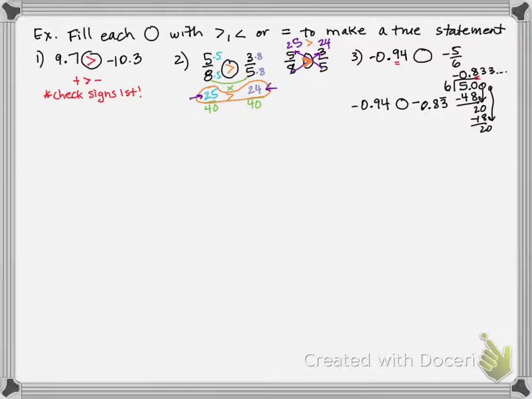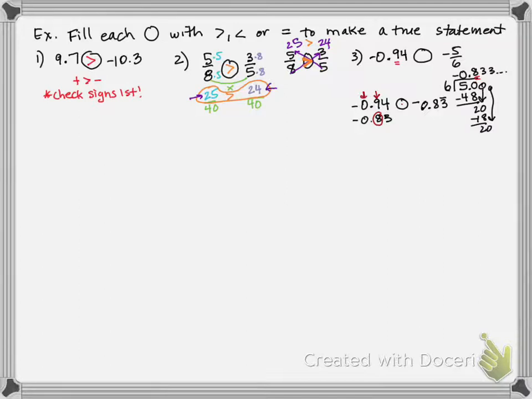Here's the weird part. The bigger-looking negative is actually farther from 0, so it's not big enough. Remember, we can line them up underneath each other like this. It doesn't matter if there's a bar or not. So we have to go with the smaller negative being actually the larger one.